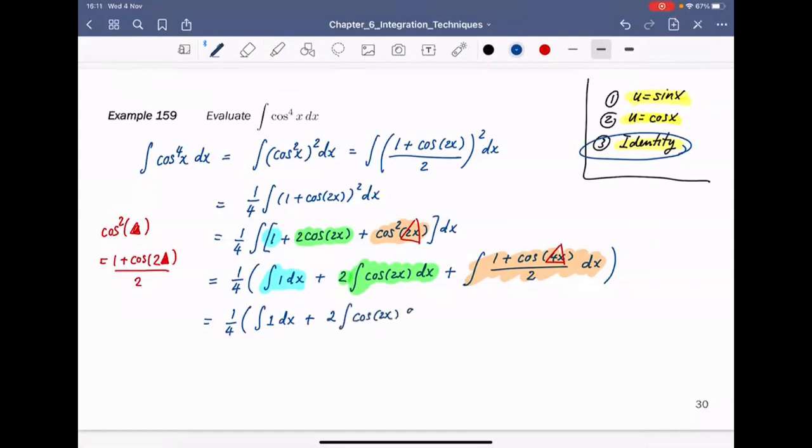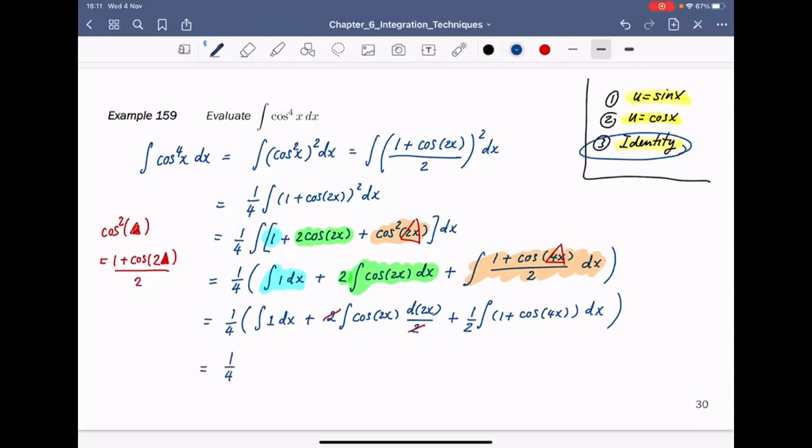For here, I'm going to change this to d(2x) over 2 so I can integrate easily. You can see the number 2 cancels now. And then plus a quarter, 1/2, the integral of 1 plus cosine 4x dx. A lot of parentheses here, but let's integrate now.